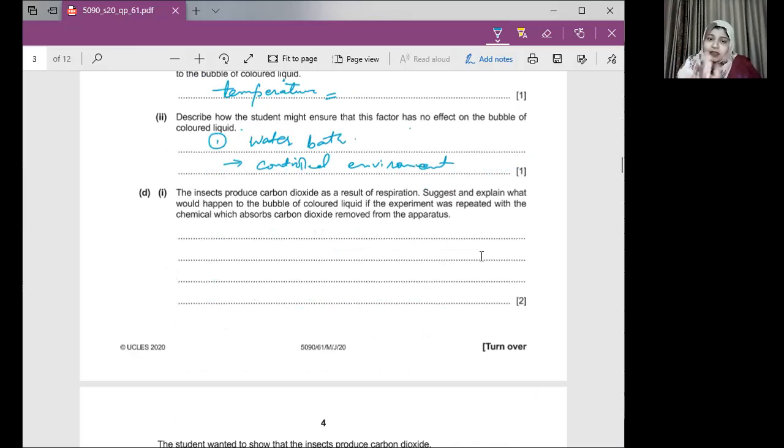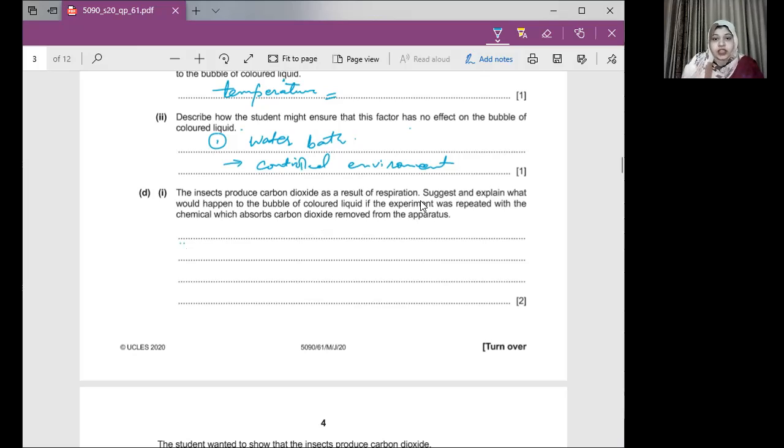So it means inside the test tube, the amount of gas remains the same, right? So the answer will be, okay, the bubble doesn't move, sometimes you can say, or it will move slowly, right?